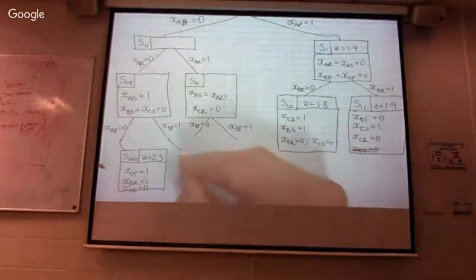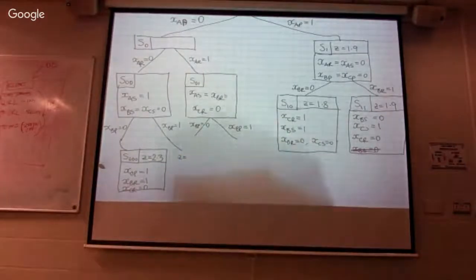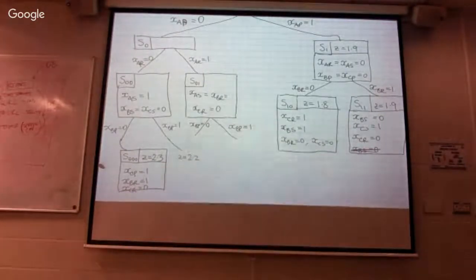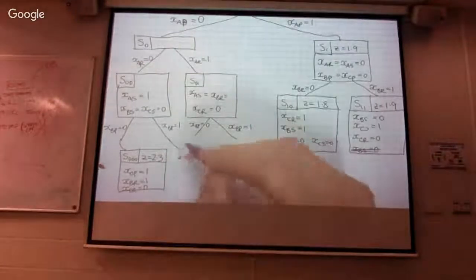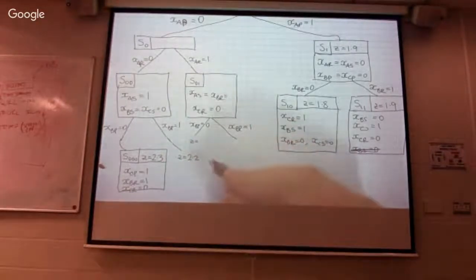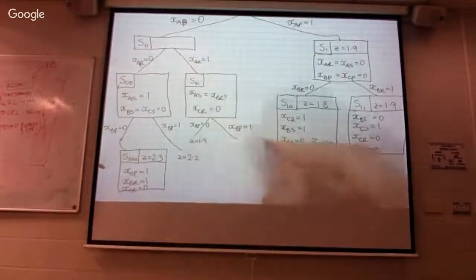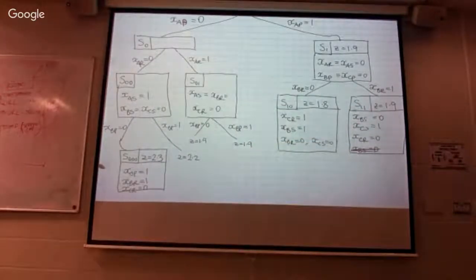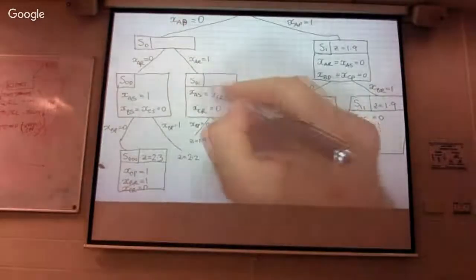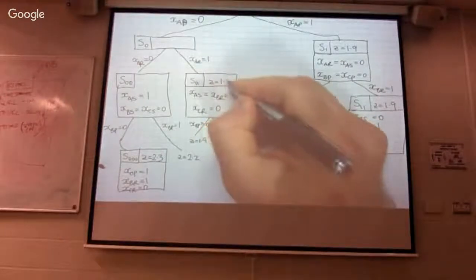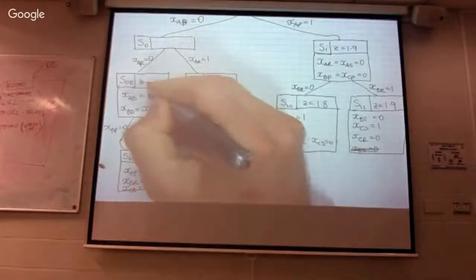I'm just going to say that, and it's up to you to check in your own time. Here, I would get 2.2, and here I would get 1.9, and here I would get 1.9 as well. And so from this, we know that here the best solution is 1.9. Here the best solution is 2.3.